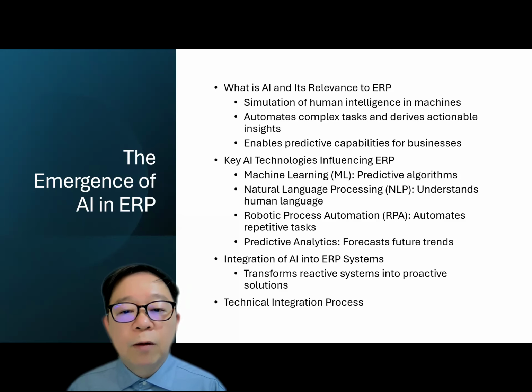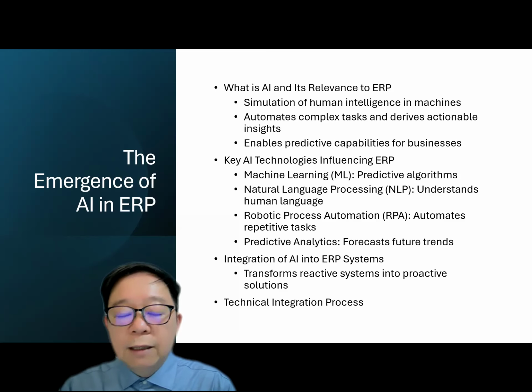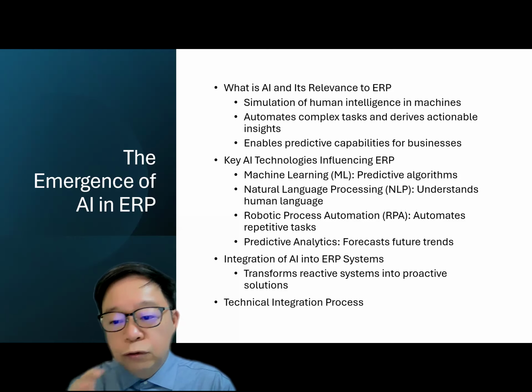So what kind of AI technology is specific to ERP? We will look at machine learning, which gives you predictive algorithms. Natural language processing, NLP, understands human language. RPA, robotic process automation, actually is not new. It has been around for many years. So you can simulate the user, right?